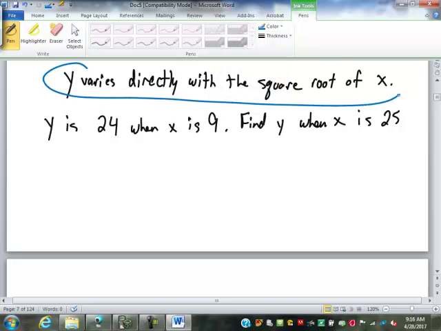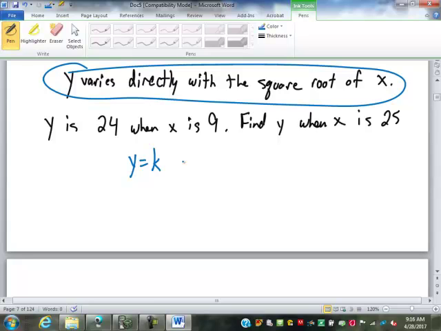So this first step here, still the same, but there's one little twist to it. Y varies directly with the square root of x, which means y equals k times something. It's not just k times x anymore, though, because y does not vary directly with x. It's the square root of x. So y equals k times the square root of x.